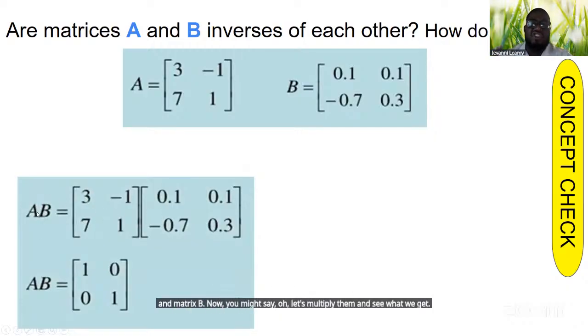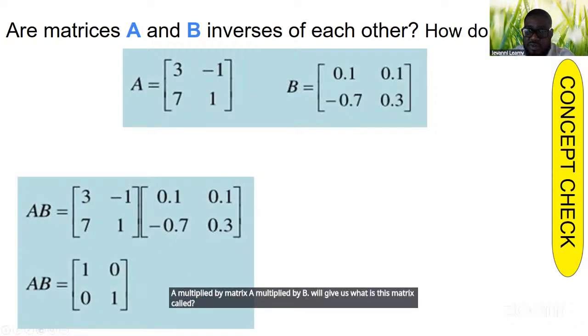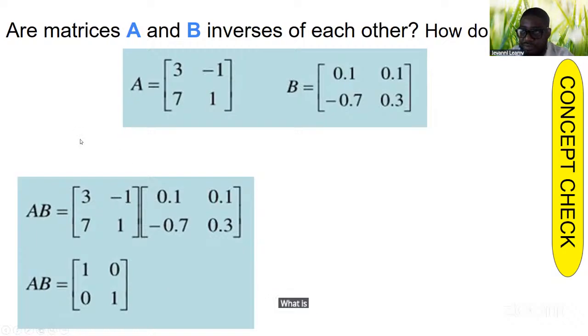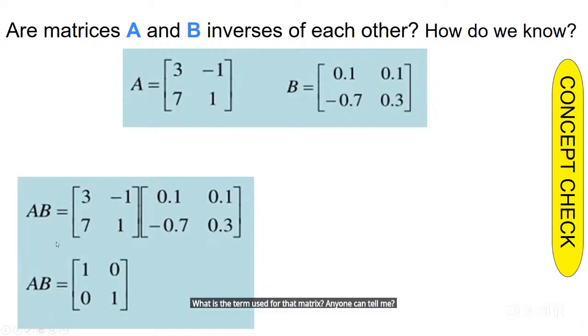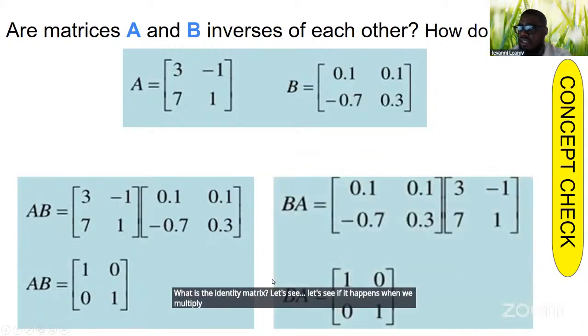So when we actually multiply it, matrix A multiplied by B will give us, what is this matrix called? What is 1001 called? What is the term used for that matrix? Anyone can tell me? Identity matrix. Identity matrix. So let's see if it happens when you multiply B by A.